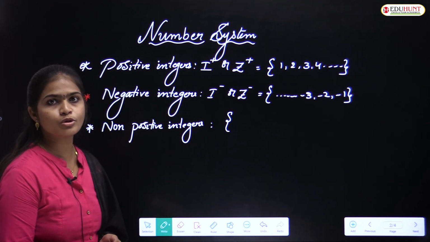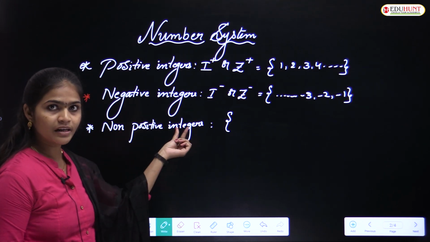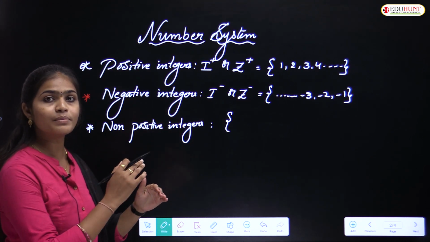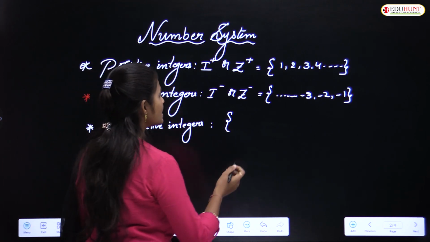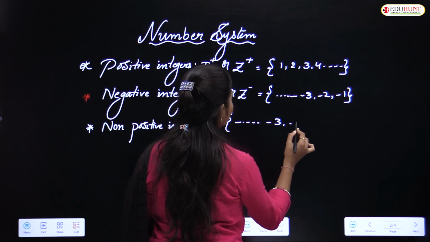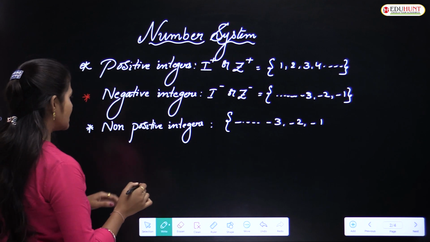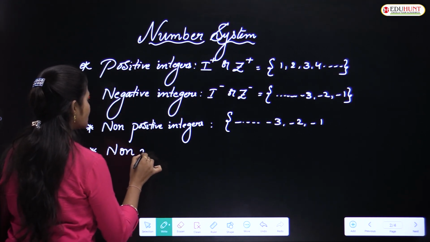Which are not positive means those are negative. Don't be confused by the name: non-positive means the numbers which are not positive. Not positive means negative integers, and so on: minus 3, minus 2, minus 1. Okay, just leave that one, I will tell you that. Here non-negative integers.